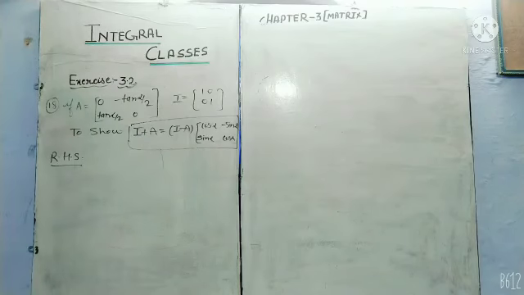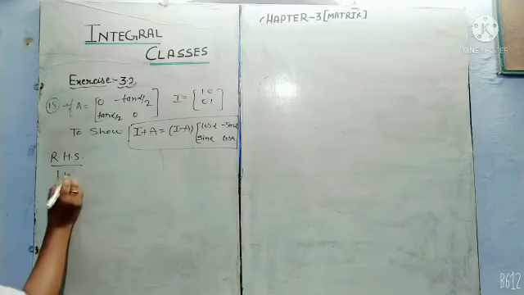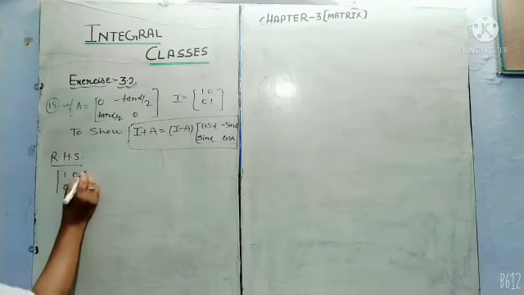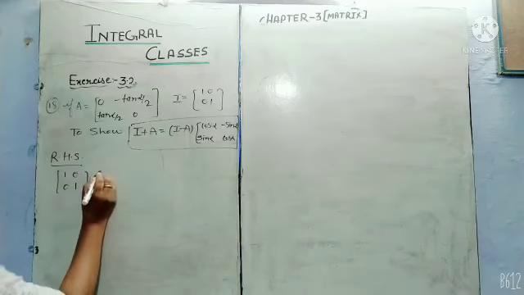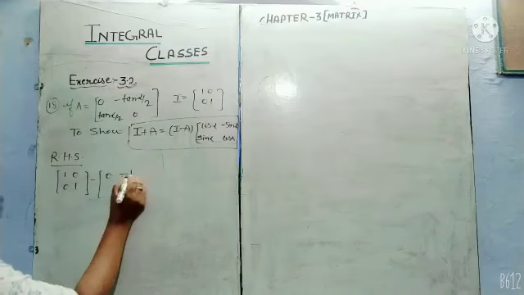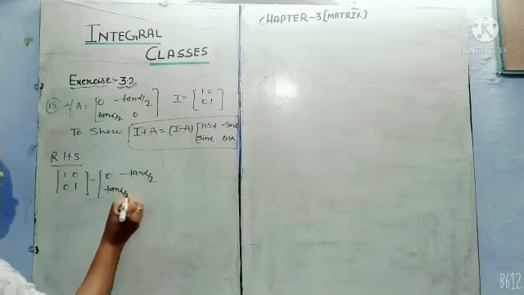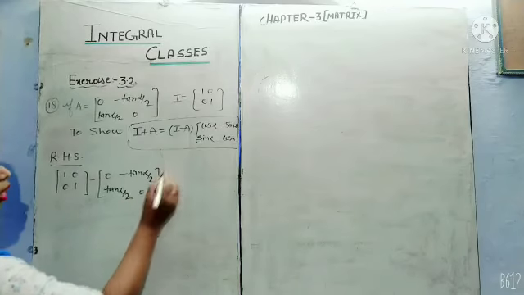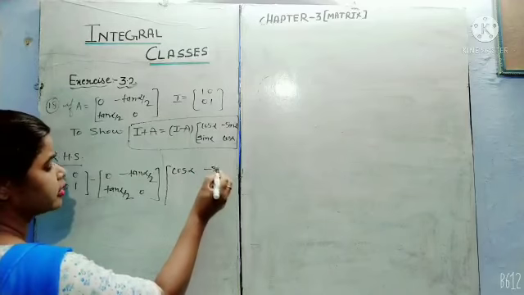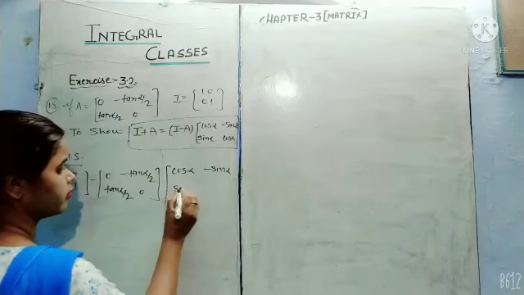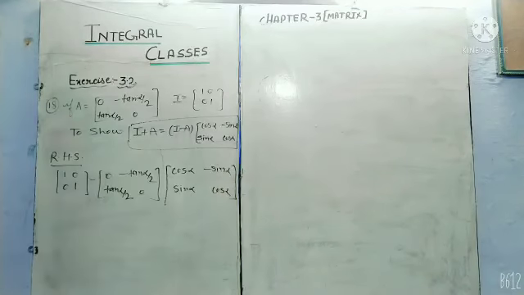I equals [1 0; 0 1]. A equals [0 -tan(alpha/2); tan(alpha/2) 0]. The rest of the matrices are the same here.